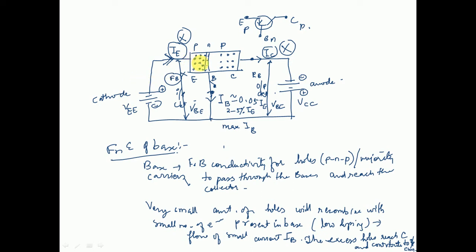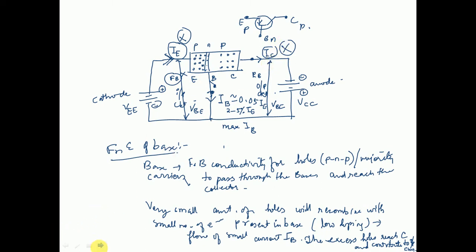So the holes will not have the necessary push to come to the collector region. As a result, IC will be 0. The holes which actually get to the collector region and start conducting electricity will no longer do so, because they are not getting the required push, as the base has been disconnected and forward biasing no longer exists. So IC becomes 0.